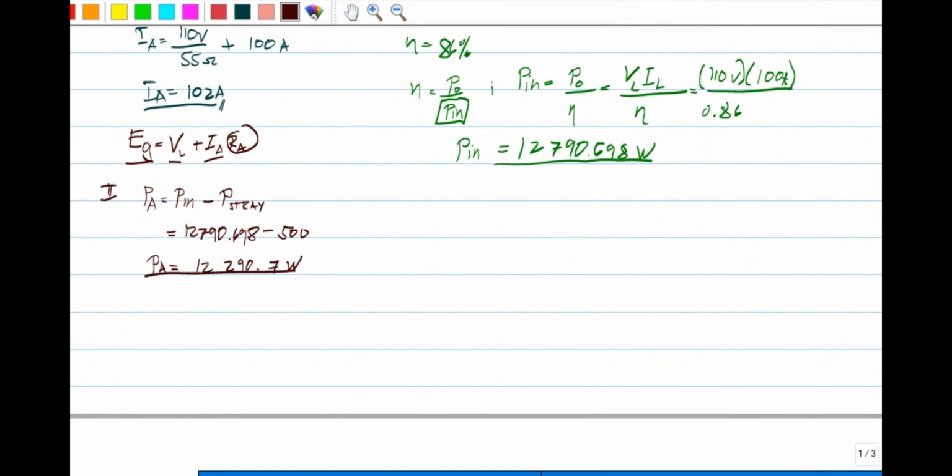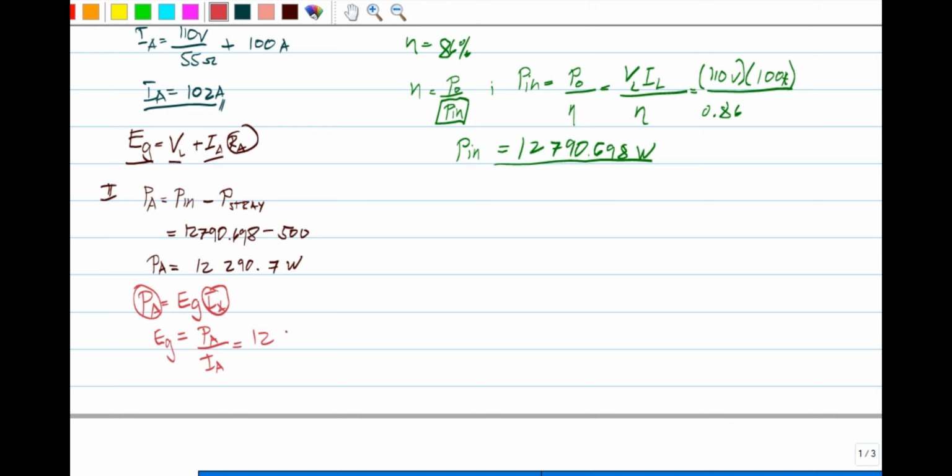Now that we have the PA, the formula of PA using EG is PA equal to EG IA. We already have the PA and the IA, then we can now get the EG. EG is equal to PA over IA.